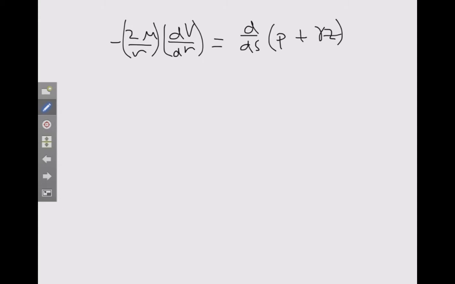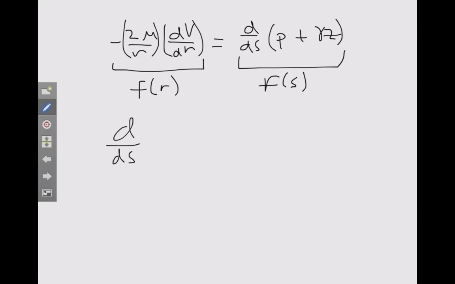We note that over here, these are all functions of r, and these are all functions of s. I agree with the book that because of this, we can set both of these equal to a constant.